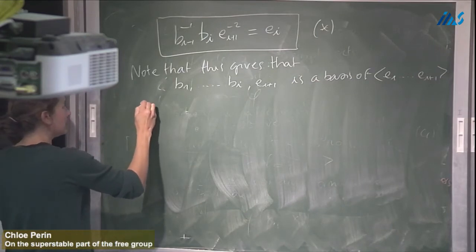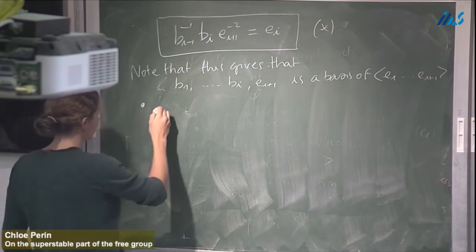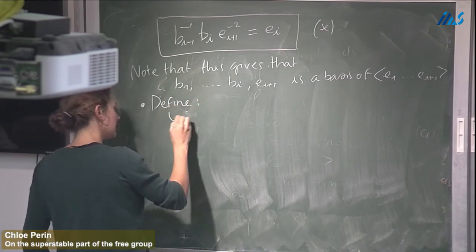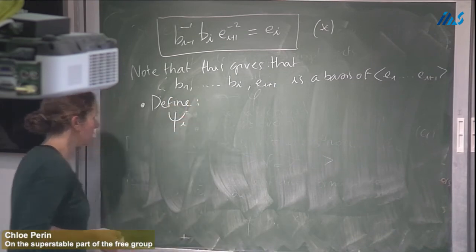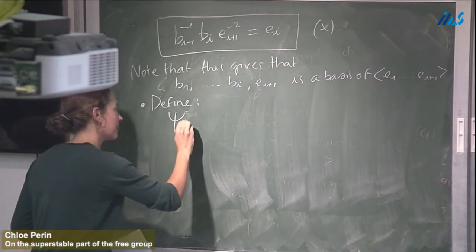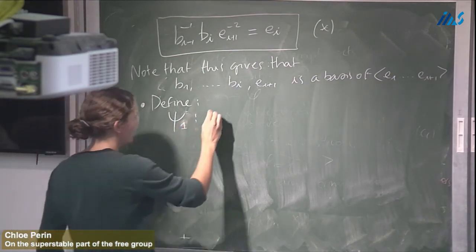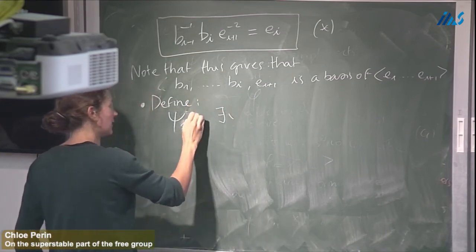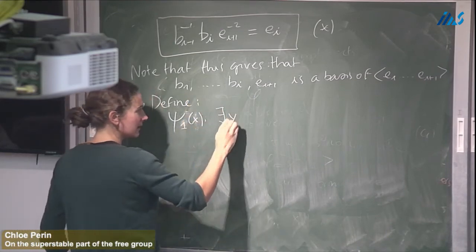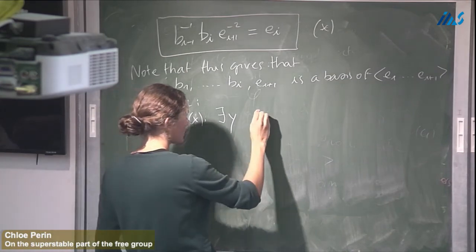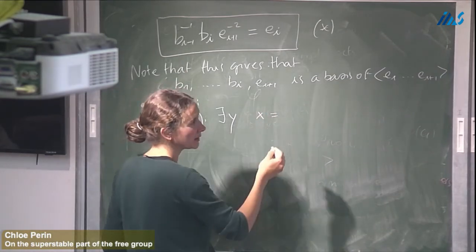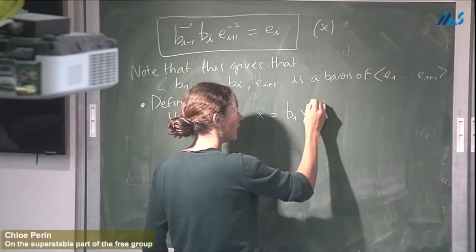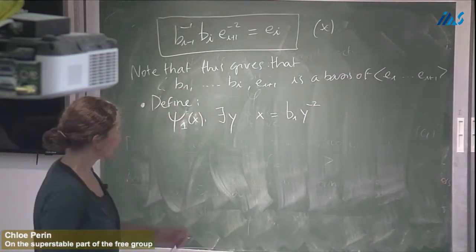And so now let me define my infinite chain of formulas. It goes like this. Psi 1 of x is defined by saying that there exists a y such that x equals b1 y minus 2. Where does this come from?